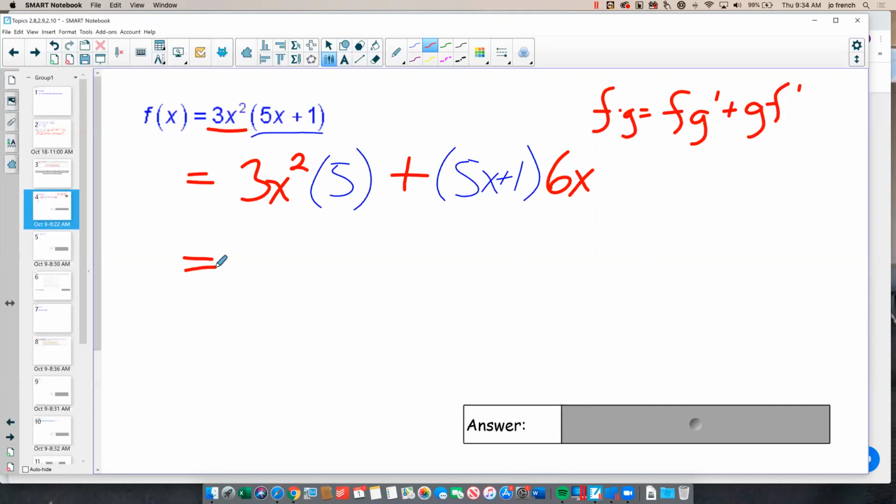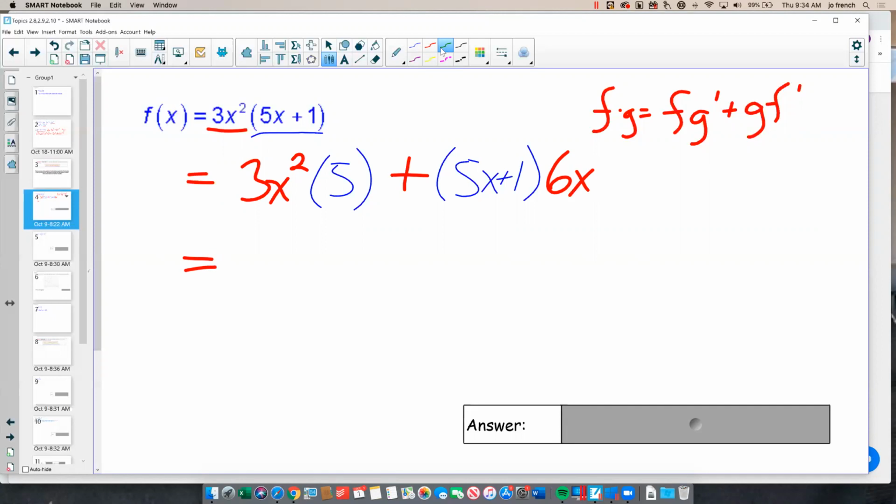At this point, if we're just answering a free response question, this is a perfectly acceptable expression for the derivative. But more than likely, we would get a question like this on multiple choice, and we would have to simplify.